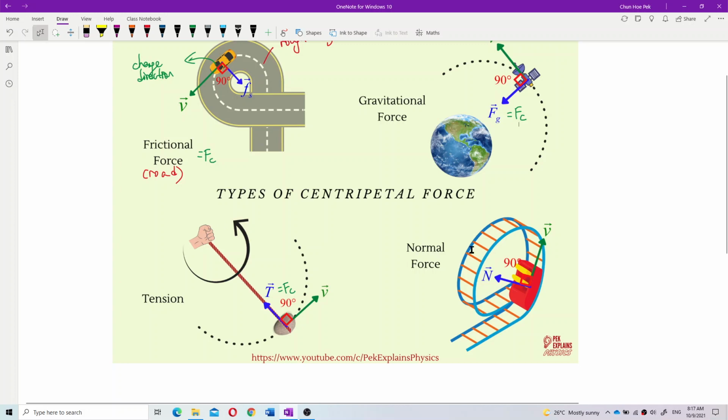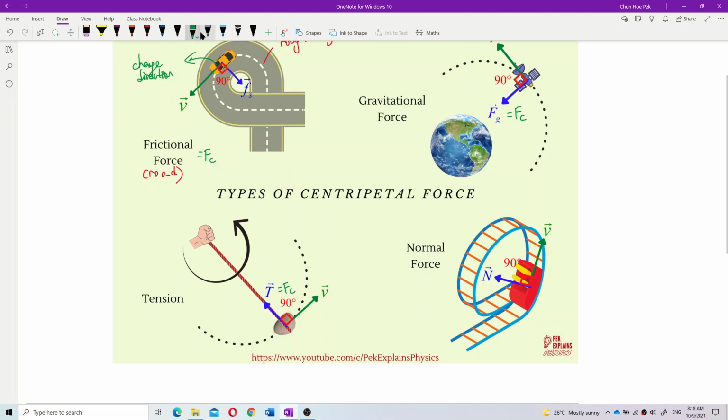Like for the roller coaster, this is a roller coaster. How can the roller coaster move in the loop? A loop is also a circular motion. You see the track? The track is a loop. How can the roller coaster move in a loop without the track? First of all, you must have the track, isn't it?